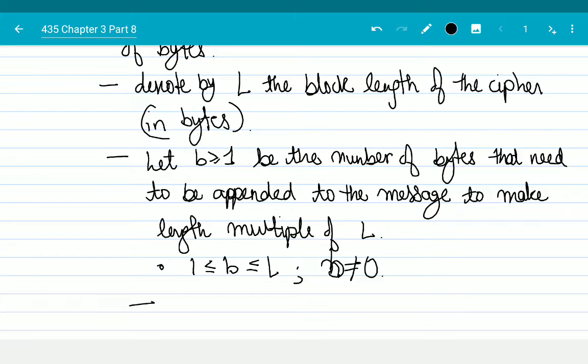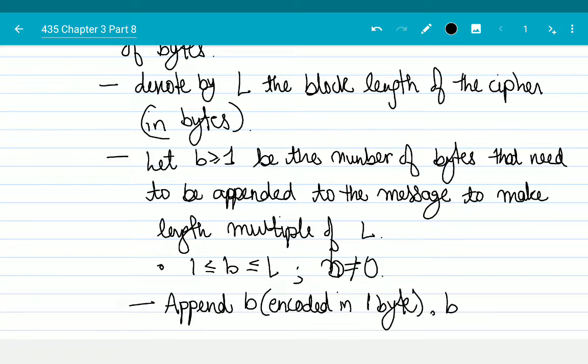And now what you do? You append B, encoded in 1 byte, B times.